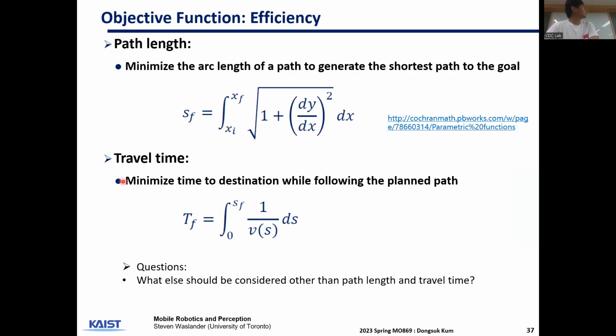Another way is to minimize the travel time to the destination while following the path. So you integrate along the arc length. What else should be considered other than path length and travel time for efficiency? You can wonder about that.